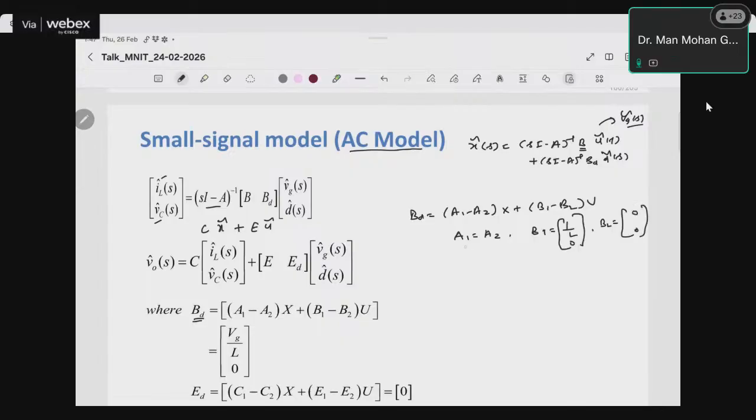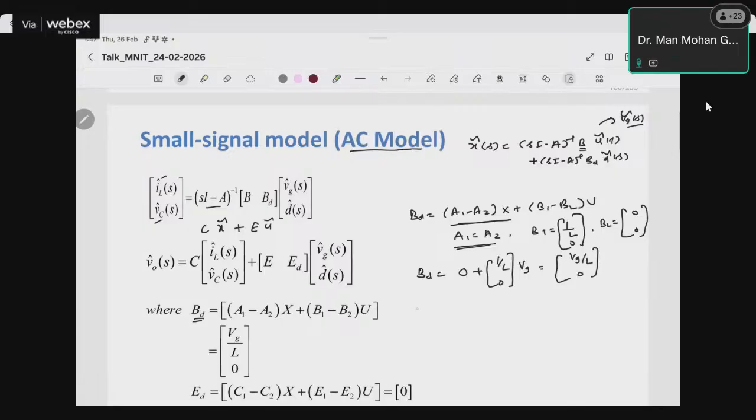So because A1 and A2 are the same, this term will be 0 only. So BD will be 0 plus B1 minus B2. So this is 1 upon L. This is 0 only, right? And U is VG only. So BD becomes VG upon L.